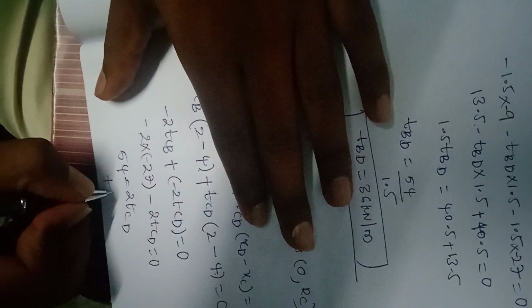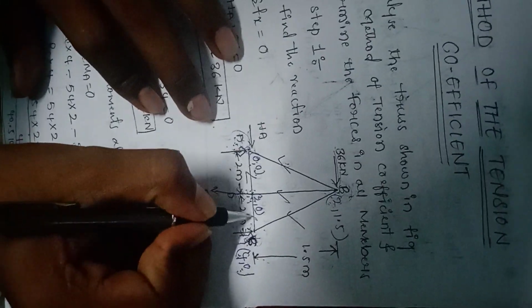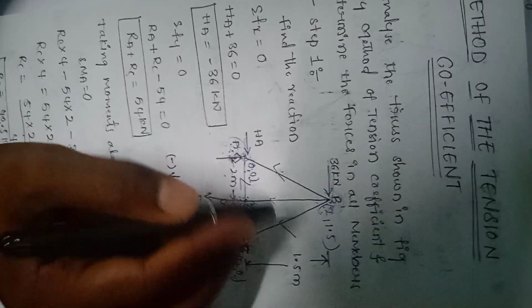Therefore TCD equals 54 by 2. Then you get 27 kilonewton per meter. Okay, you got the tension in all the members here. We calculated the tension in member DC also. We have completed finding the tensions in all these members.